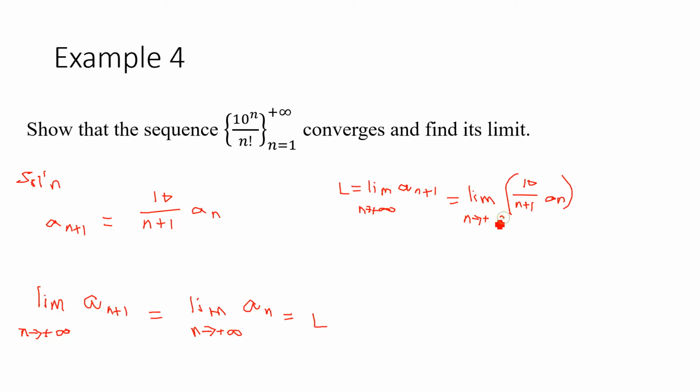Then we can use the product. So you have the limit of 10 over n plus 1 as n approaches positive infinity, times the limit of a sub n as n approaches positive infinity.